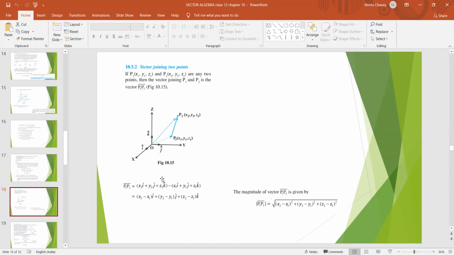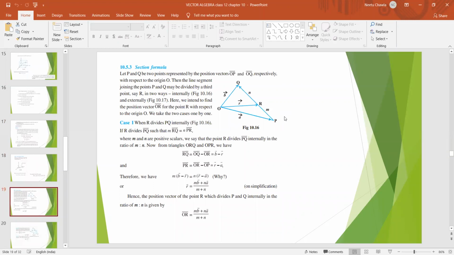So we'll write x2 minus x1 i plus y2 minus y1 j plus z2 minus z1 k. And its magnitude will be given as under root of (x2 minus x1) whole square plus (y2 minus y1) whole square plus (z2 minus z1) whole square. Whenever two points are given, this is how to write it. From P1 to P2, it is the given vector.